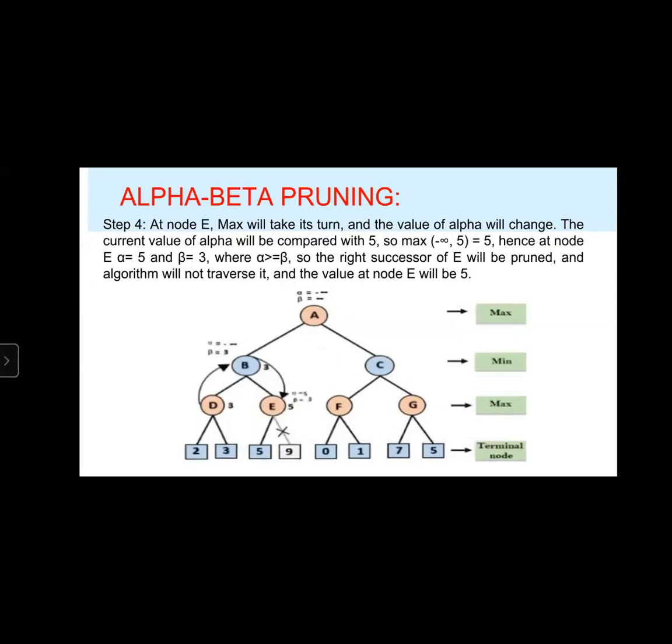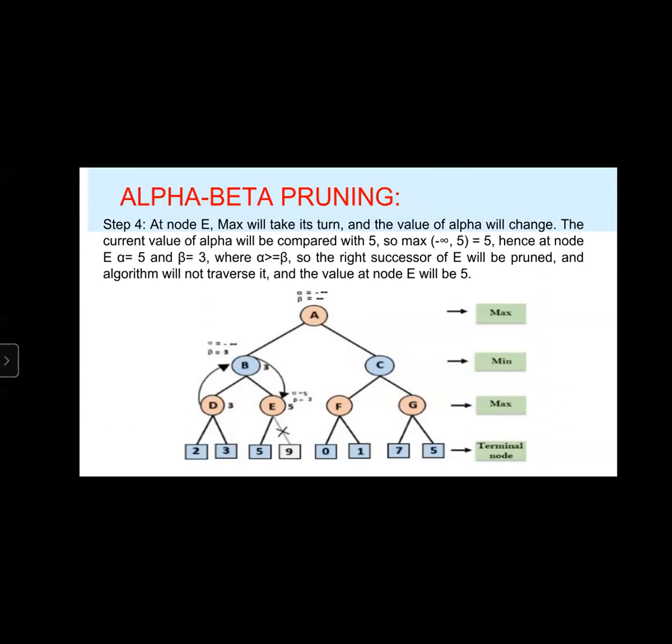Next, step 4. At node E, max will take its turn and the value of alpha will change. The current value of alpha will be compared with 5, so max of minus infinity comma 5 equals 5. Hence, at node E, alpha equals 5 and beta equals 3, where the condition alpha greater than or equal to beta is satisfied.